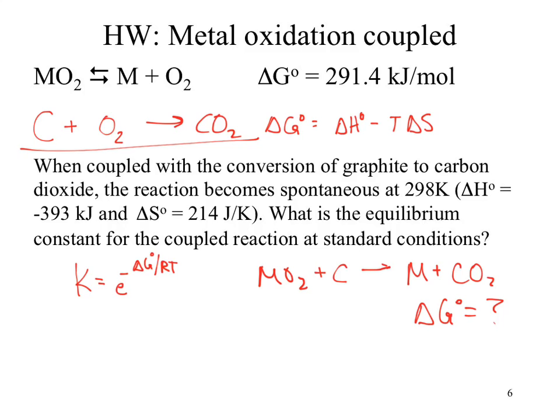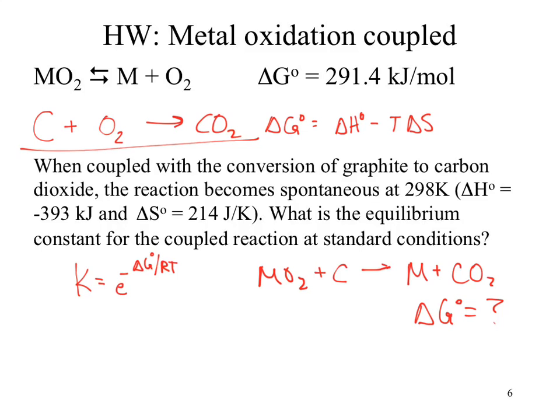Okay. Are we given a temperature? Yes. Are we given a delta H? Yes. Are we given a delta S? Yes. We can then go through and solve for the delta G naught for our carbon to carbon dioxide conversion.